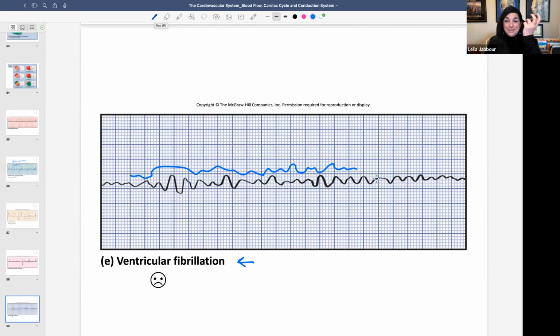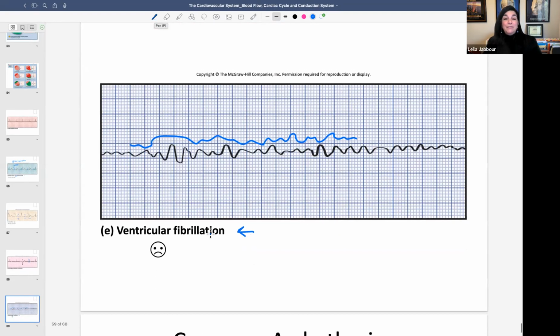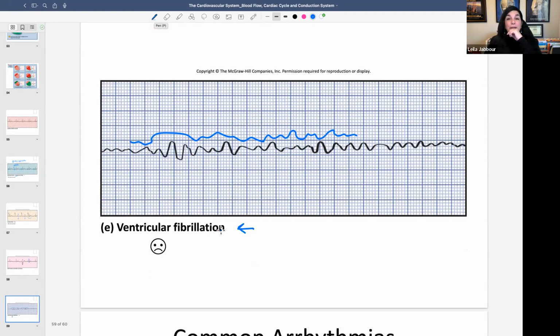Is it enough? What is this? So there's a really great video about ventricular fibrillation, and when you look at it, you really realize, oh my gosh, it could be wiggly all you want. If it's not contracting, it's not pumping blood, and it's deadly.